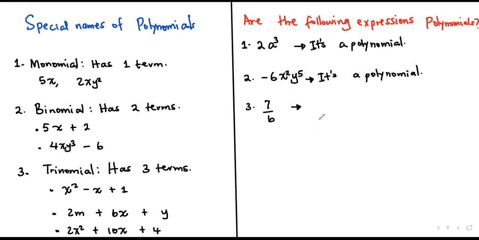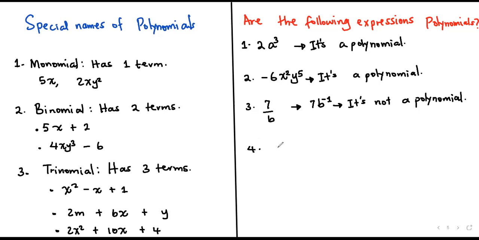So when we write it in a multiplication form, we are going to have it as 7b to the power of -1. So if we have 7b to the power of -1, we are having the exponent as a negative. And you know that we must not have any negative exponent. So we say that this one, it's not a polynomial.